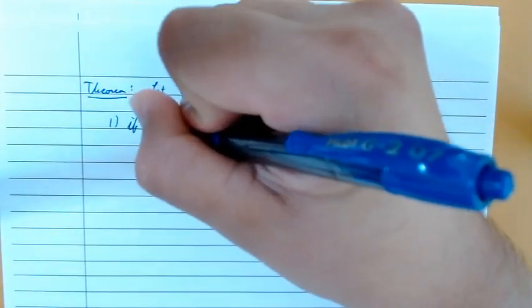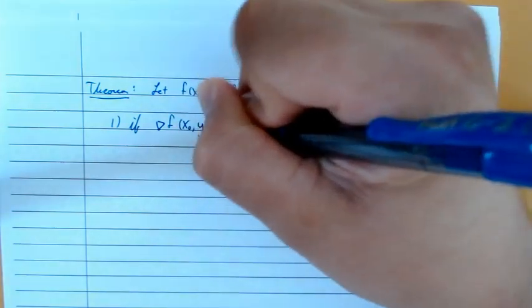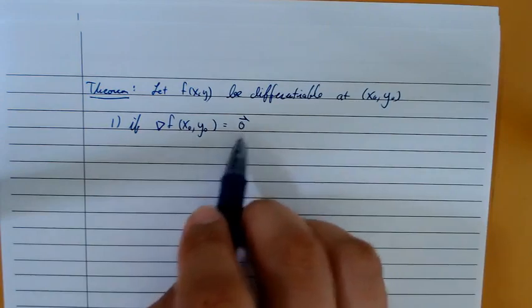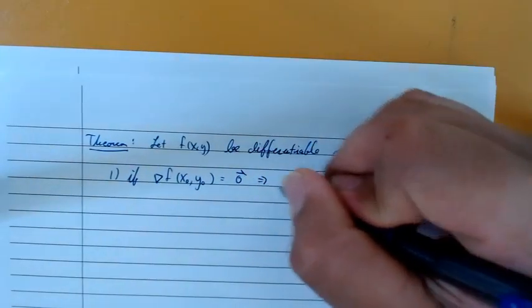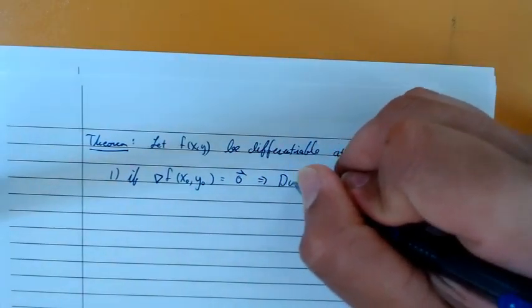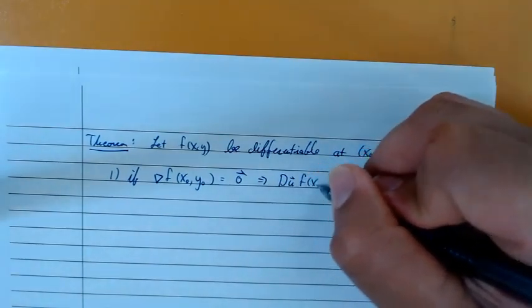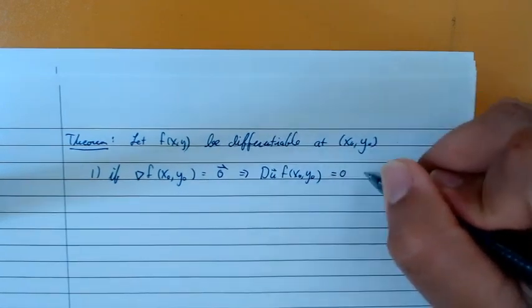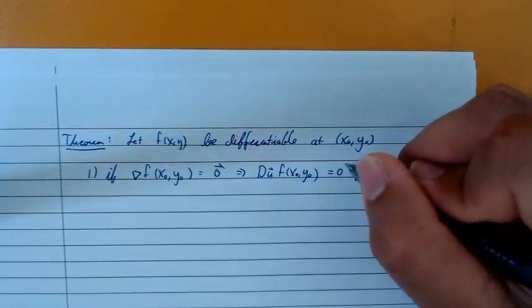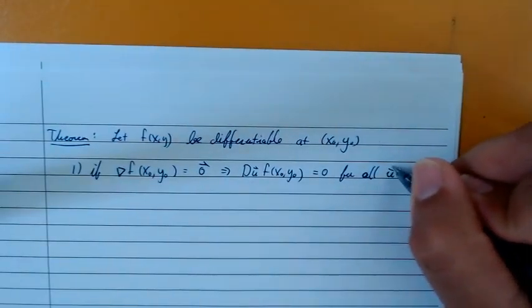If the gradient of f at x naught comma y naught is equal to the 0 vector, because remember the gradient is a vector, so it can't equal the number 0, but if it equals the 0 vector, then that implies that the directional derivative in the direction of u of f at x naught comma y naught is also equal to 0 for all vectors u.